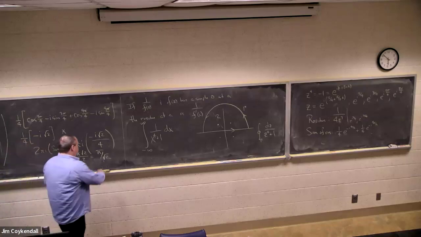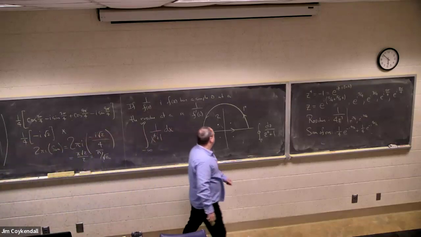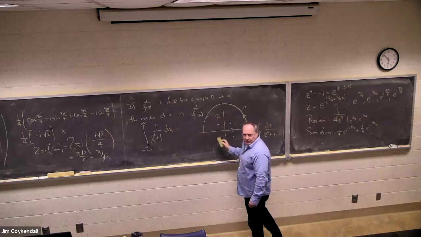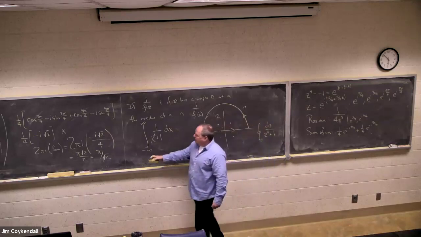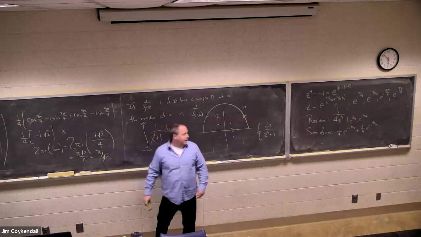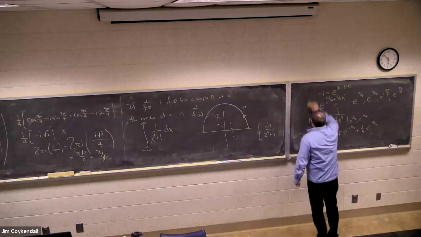Now, there's one thing that might bother you. This is the value of the integral, but you don't seem to be going to infinity. Notice that this value, of course, around the contour does not depend on what R is. Agreed? So what happens if you let R go to infinity?